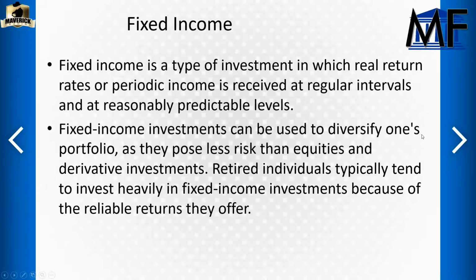When we think about fixed income, it's a type of investment where there's a real rate of return paid out periodically at regular intervals. So there are some norms. It's not uncommon to have 2 payments per year. It's not uncommon for a payment to come out quarterly. It's not even uncommon for it to be an annual payment and so forth.